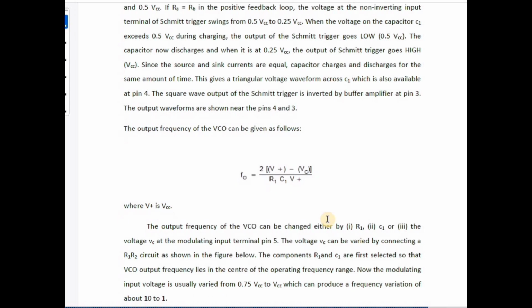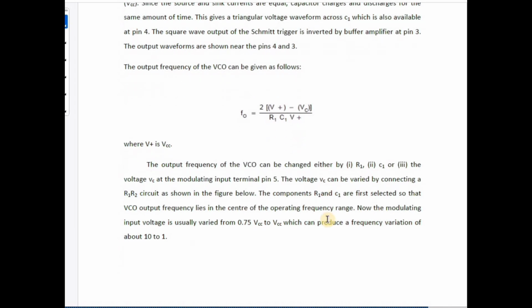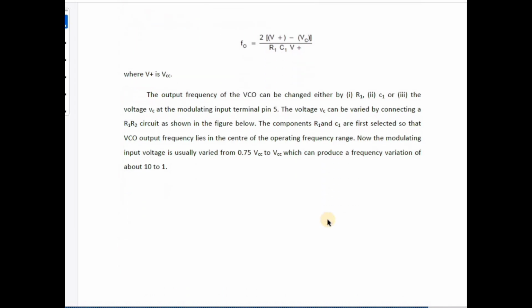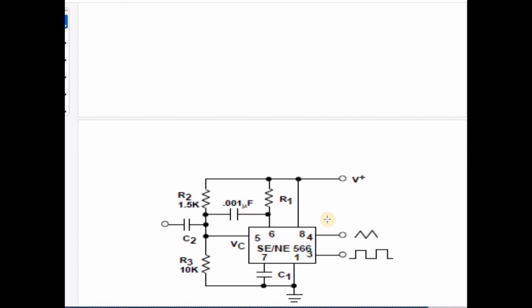Okay. So the voltage VC can be varied by connecting resistors, which is shown in the figure. Sorry, this is not R1 and R2, this is R2 and R3. So here you can see VC is equal to V plus into R3 divided by R3 plus R2.